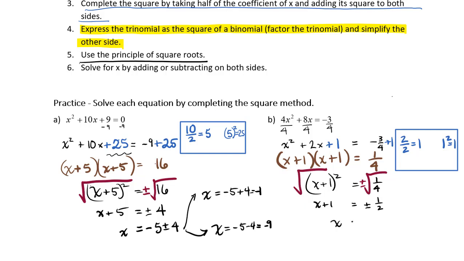Now isolating x, I'll have x is equal to -1 plus or minus 1/2. So the two solutions I get are x equals -1 plus 1/2, so -1/2, or x is equal to -1 minus 1/2, or -3/2.